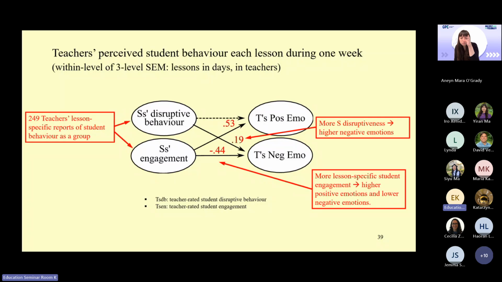Those all seem logical and nice, and more student disruptiveness, higher negative emotions. And these are lesson specific. These make sense.